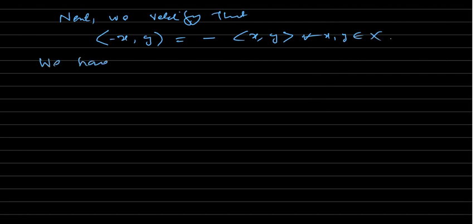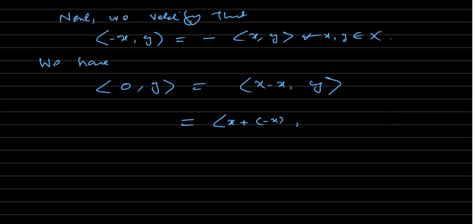We have inner product 0 with y, this is inner product x minus x with y, and that's equal to inner product of x plus minus x. I will write it here, x plus minus x, so that it is completely clear. We are actually applying the additive property, not the difference property. It's inner product x with y plus inner product minus x with y, and on this side it's 0.